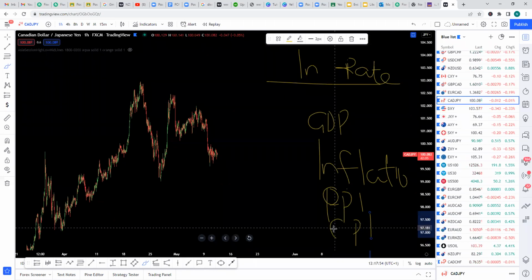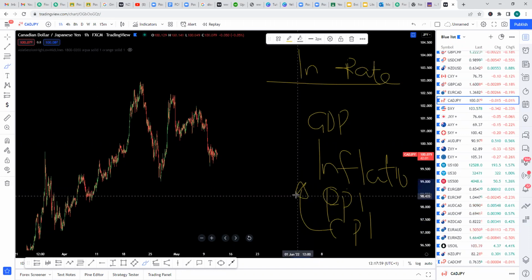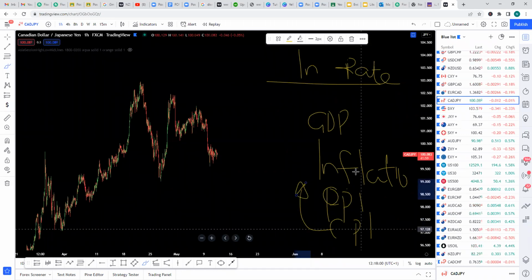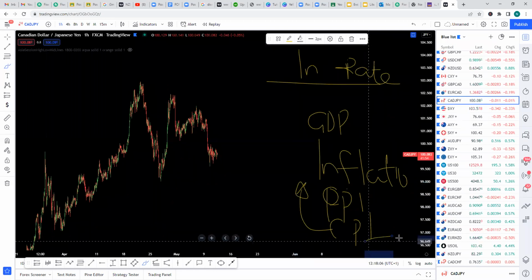Of course, you know, CPI is used to measure inflation. So the inflation data that we get depends on what we get from CPI, right?